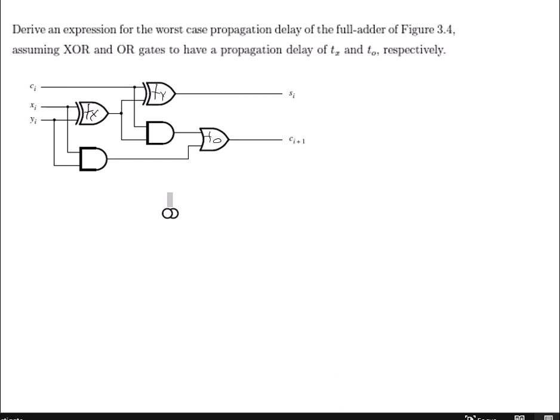and so I think this is just a mistake, that it also should have said that the propagation delay of XOR and the ANDs would both be Tx. So the propagation delay Tx also for the AND gate.